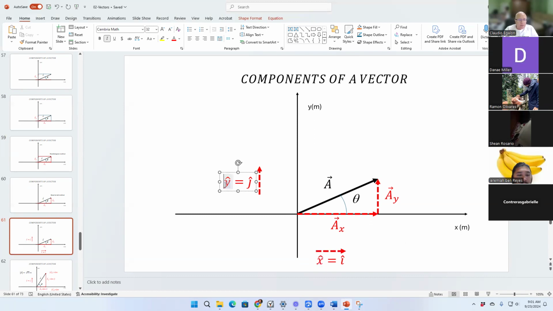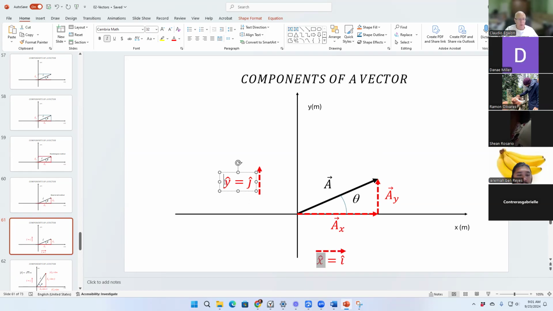And we can also define, and it's a very convenient definition, another unit vector that we call y hat, along the y direction. Most books call them i hat and j hat.